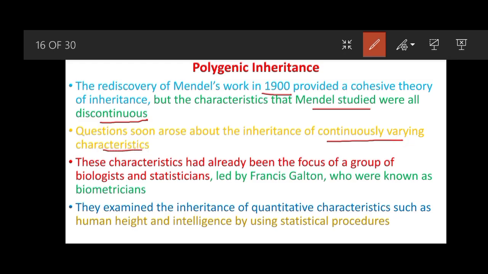These characteristics had already been the focus of a group of biologists and statisticians led by Francis Galton, who were known as the biometricians. They examined the inheritance of some quantitative characteristics, for example, human height and intelligence, and they used different statistical procedures to analyze the inheritance of these traits.